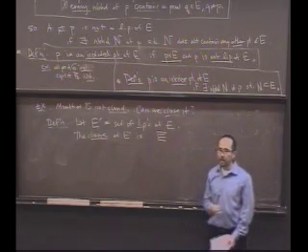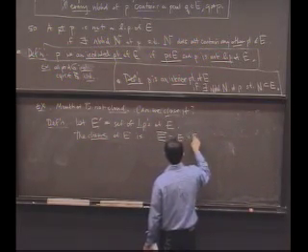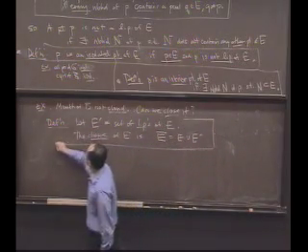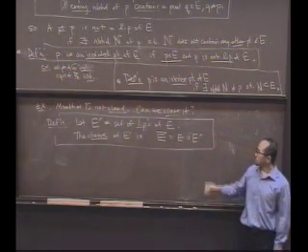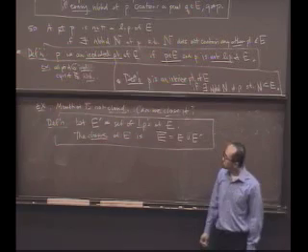You put a bar over the set, that's the closure. It is the set together with its limit points. E prime is not standard notation, E bar is. E prime is just what the book uses.